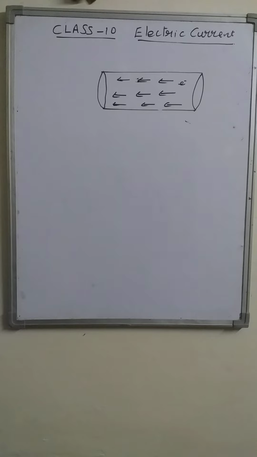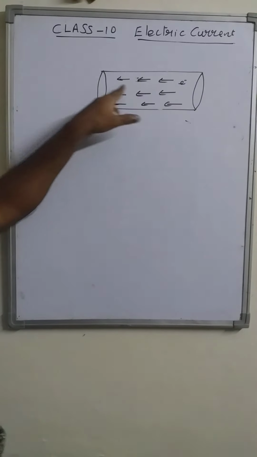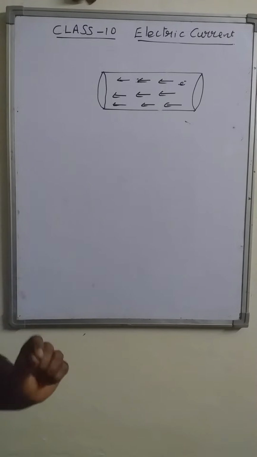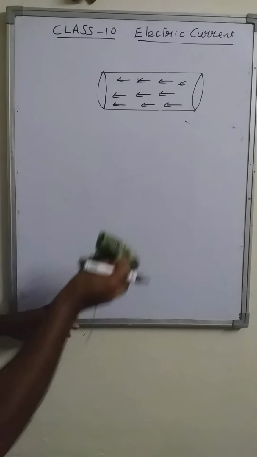We have to discuss that cell or battery. They are the sources. To discuss the cell or battery and its ability to move the electrons through this conductor, we must know one more term.